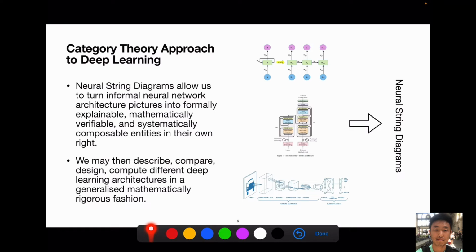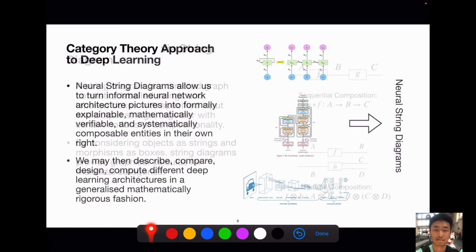But these are obviously not mathematically rigorous, and also different people might have different styles of illustrating neural network architectures. However, by turning them into neural string diagrams, we may then describe, compare, design, and compute different deep learning architectures in a generalized, mathematically rigorous fashion.